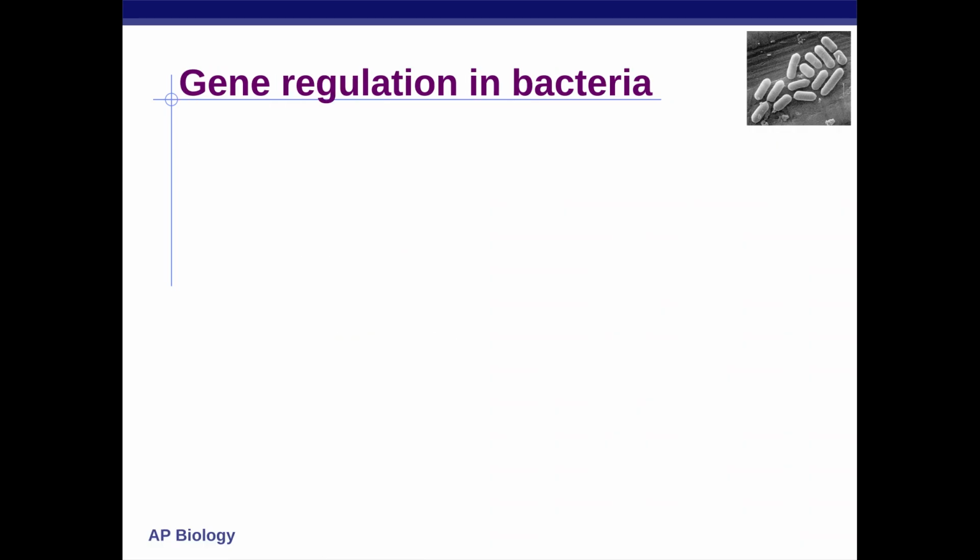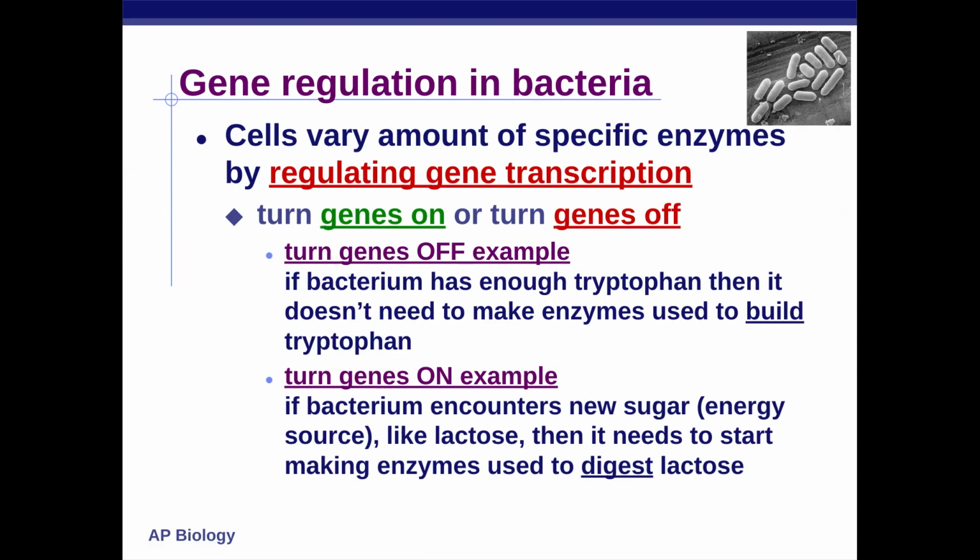And the way to do this is to turn on a gene or turn off a gene. So in this discussion, we're going to look specifically at two examples: one is the utilization of lactose and the other is the production of tryptophan.